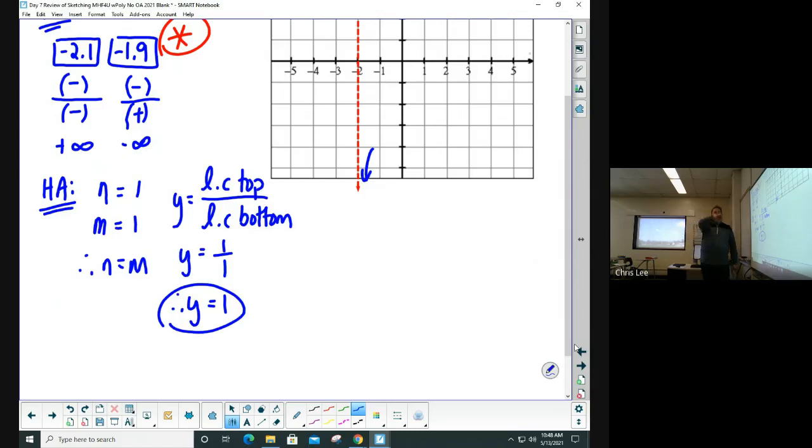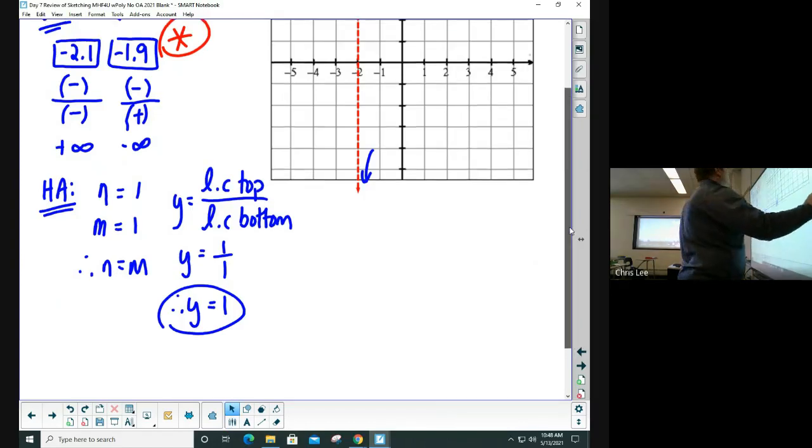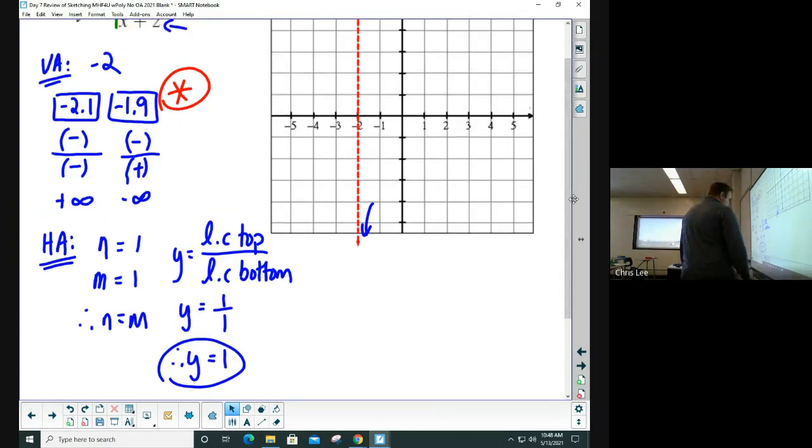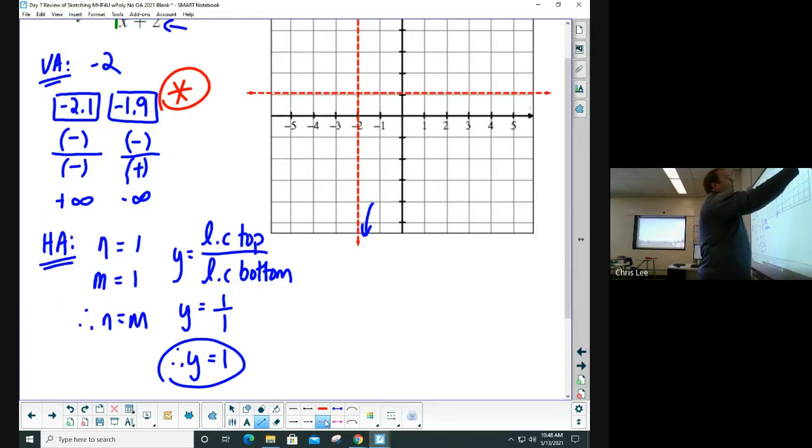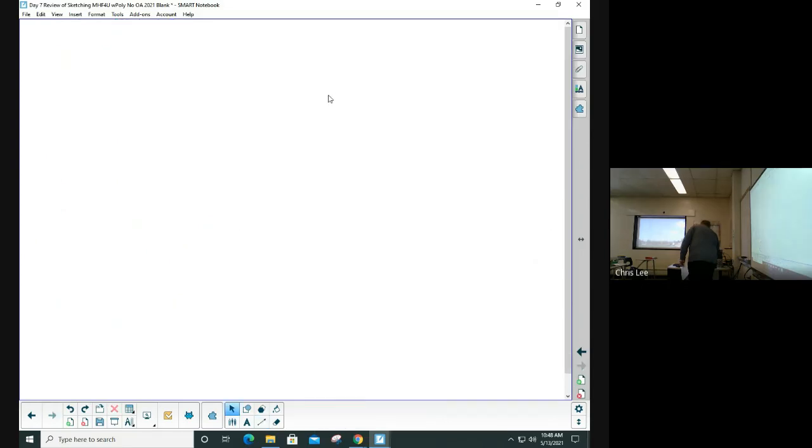So that means there's going to be a horizontal asymptote at y equals 1. So I'm going to take my line and draw a horizontal asymptote at y equals 1.